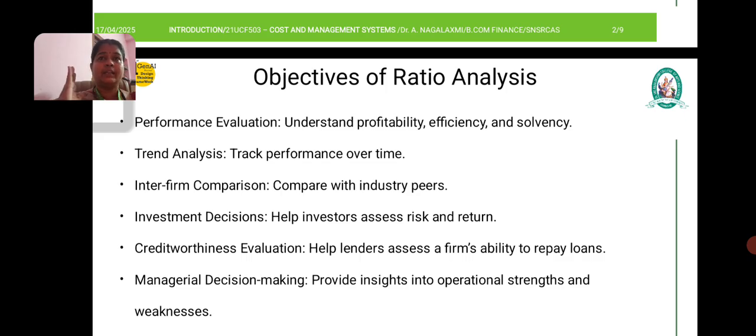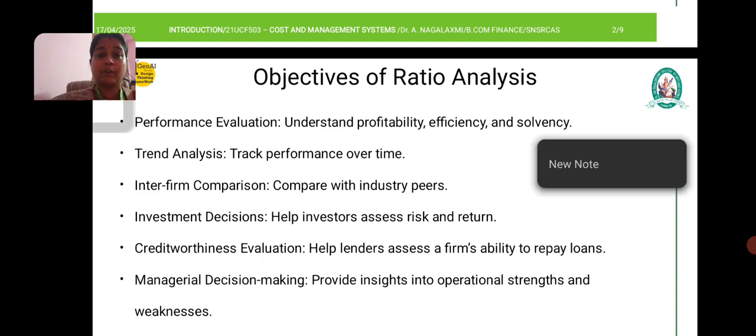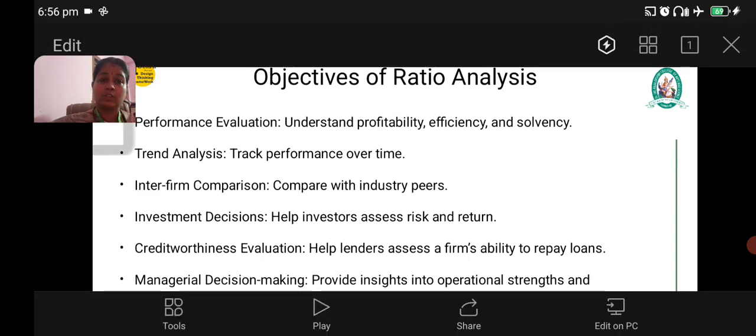For example, in the cement industry, ACC Cement is to be compared with Dalmia Cements or Ramco Cements to know their profitability position, solvency position, efficiency position, production, demand, sales, everything.